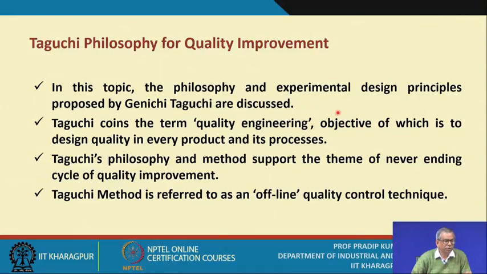Now when you refer to this particular topic, the philosophy and experimental design principles proposed by Genichi Taguchi are discussed. In fact, as it is referred to as an offline quality control technique, obviously, the technique or this method is supposed to be used at the prototyping stage.